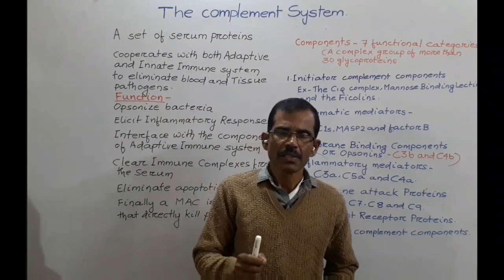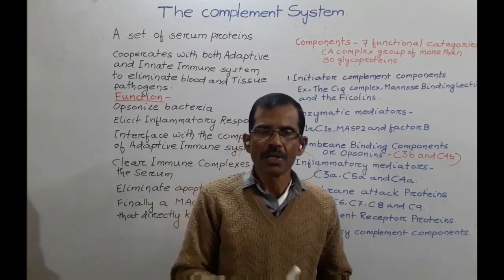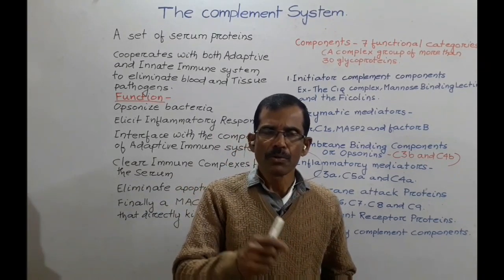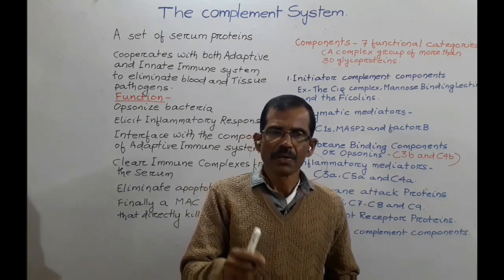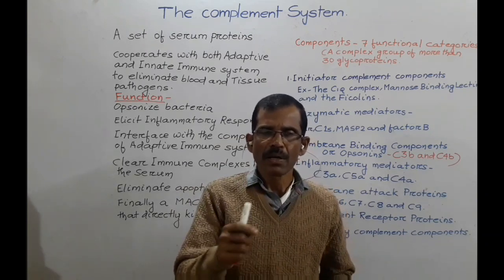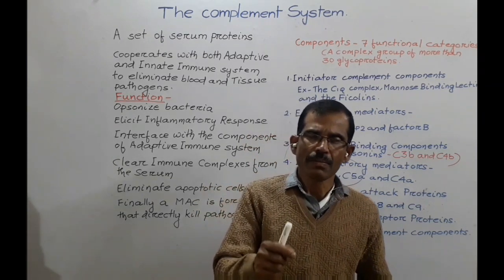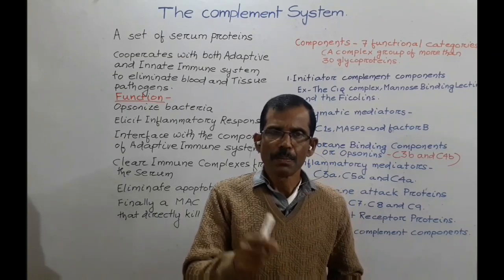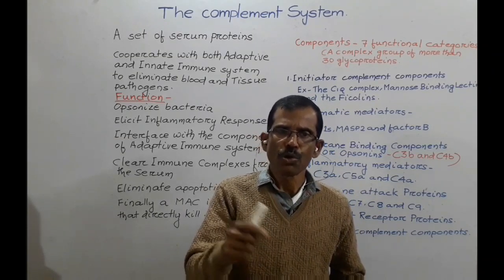The third functional category includes various membrane binding components known as opsonins. Upon activation of the complement cascades, several complement proteins are cleaved into two fragments, each of which plays a specific role. For complement components C3 and C4, the larger fragments are C3b and C4b. Both of them serve as opsonins.